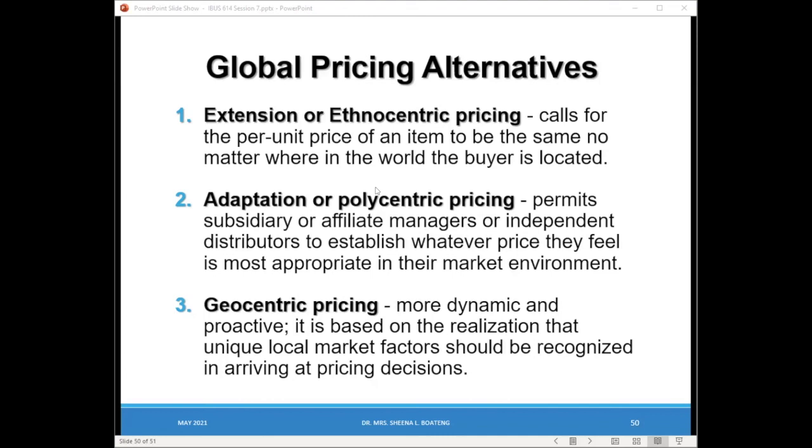Where would that fall under these global pricing alternatives, and which one would you advise a firm to use? So they pick it from here and go and sell it there at a lower price.